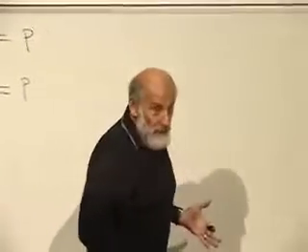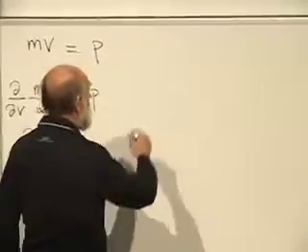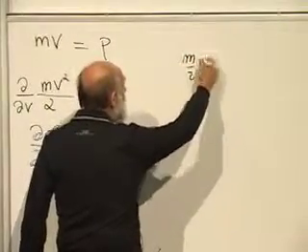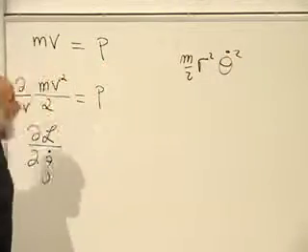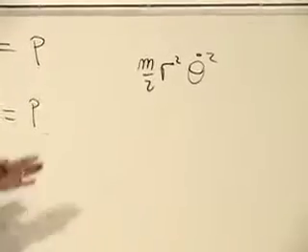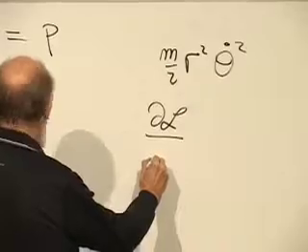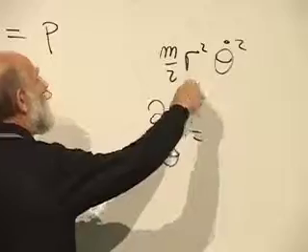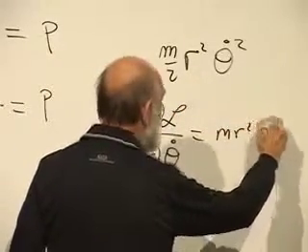An example would be angular momentum, where if we have a particle moving in space and it has a term in the Lagrangian which, for example, could be m over 2 times r squared times the angular velocity squared, then there's a momentum which you would get by differentiating the Lagrangian with respect to theta dot, and that's, I'm sorry, m r squared theta dot, and that would be angular momentum.